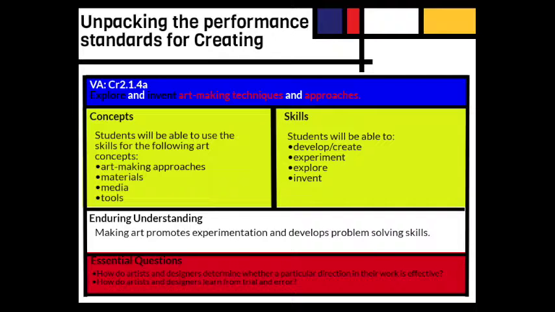The enduring understanding is making art promotes experimentation and develops problem-solving skill. And the essential questions are: how do artists and designers determine whether a particular direction in their work is effective? And how do artists and designers learn from trial and error?